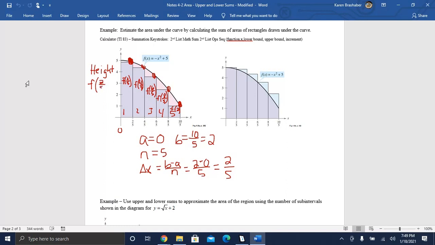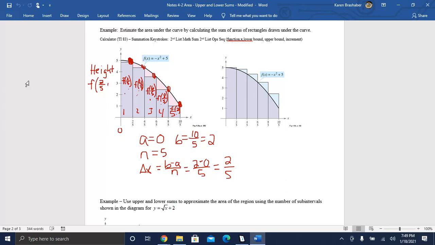So the question is, what do I have to do to that 2/5 so that I can represent each one of these values? Well, in this first one, 2/5 times 1, I would get 2/5. In the second one, 2/5 times 2, I would get 4/5. Likewise, 2/5 times 3 to get 6/5, 2/5 times 4 to get 8/5, and 2/5 times 5 to get 10/5, or 2.